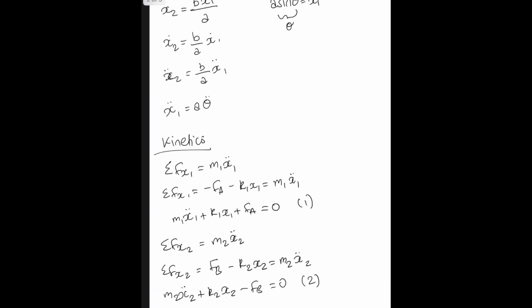If you look at the lengths over here, it's going to be Fa minus C1 x dot 1, multiplied by a, minus Fb plus C2 x dot 2, multiplied by b.